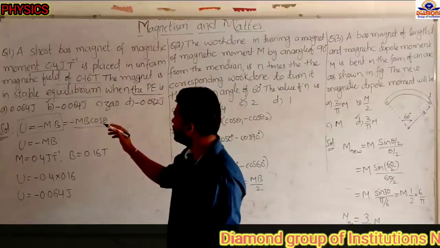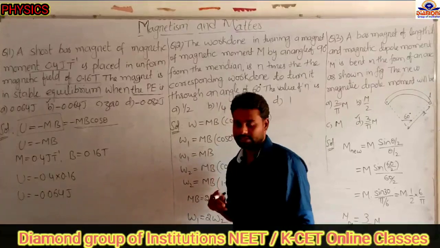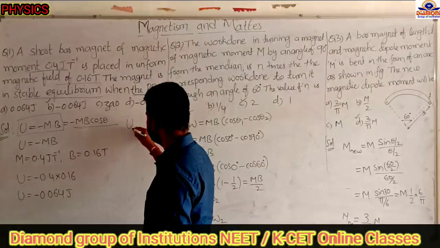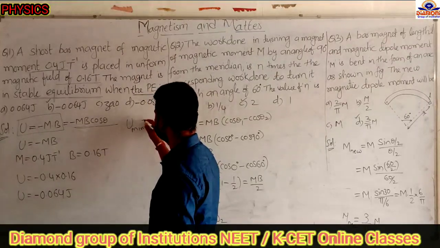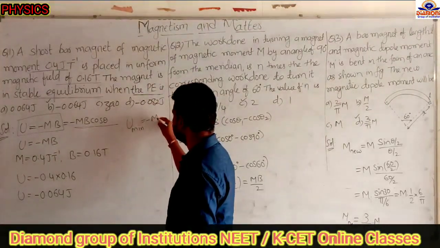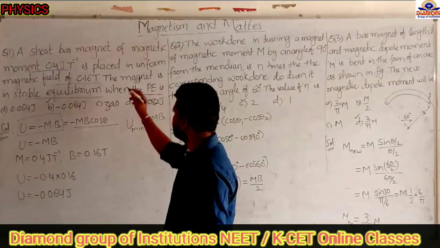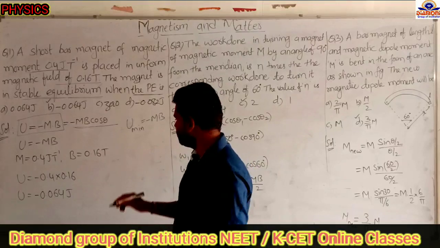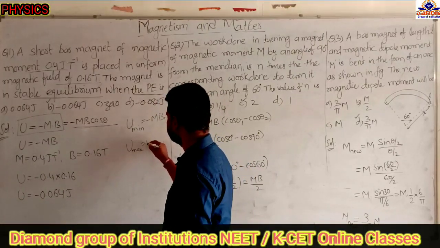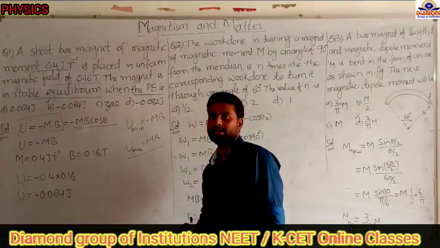They have given that the magnet is in stable equilibrium. When the magnet is in stable equilibrium, the potential energy is minimum, that is equal to minus mb. If the potential energy is maximum, mb, then it is in unstable equilibrium.